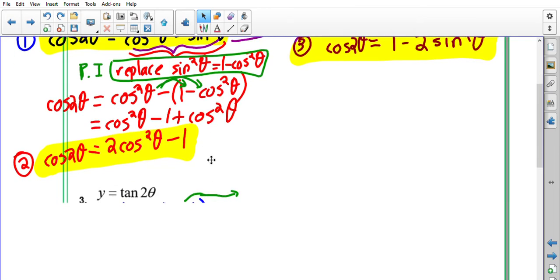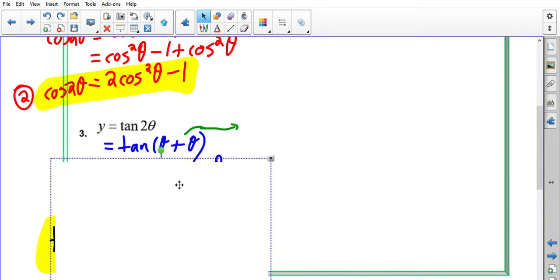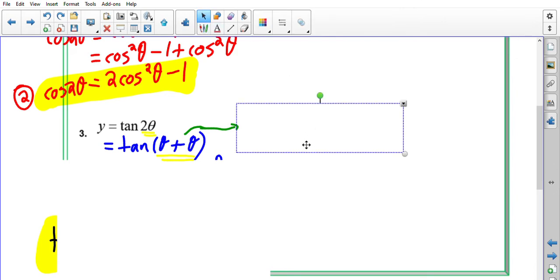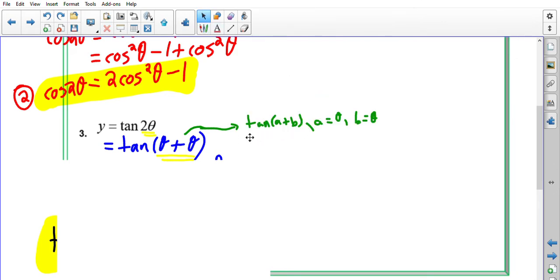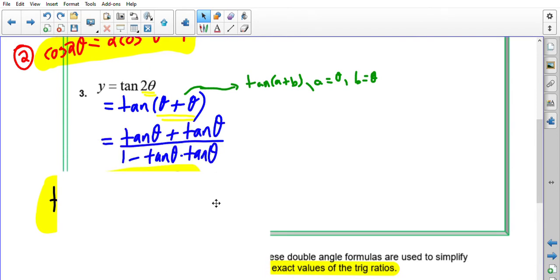All right, and for tan 2 theta, let's do the same thing there. Let's rewrite it as tan of theta plus theta. Again, this should look like tan of A plus B, where A is theta and B is theta. So that should look like tan theta plus tan theta divided by 1 minus tan theta times tan theta.